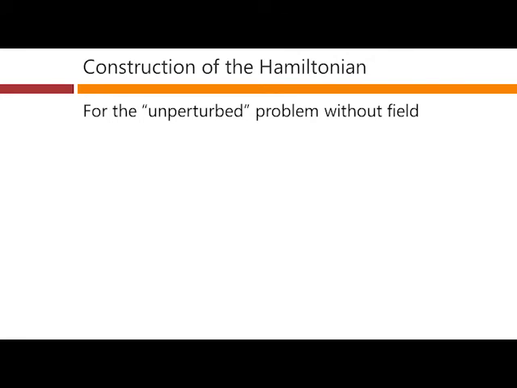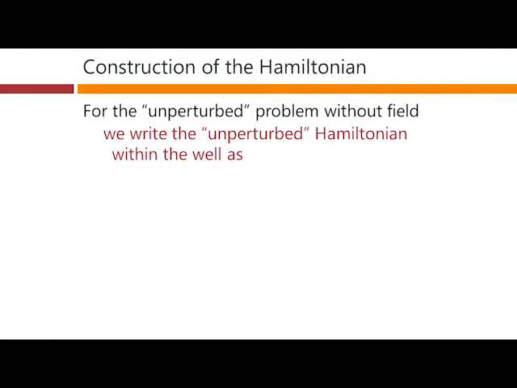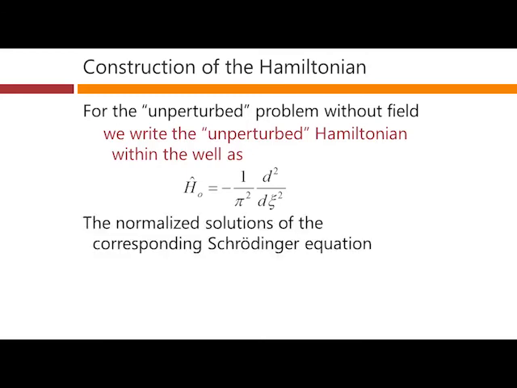For the unperturbed problem, that is the one before we apply the field to it, we can write this so-called unperturbed Hamiltonian within the well then as the usual simple Hamiltonian with a potential of 0. There's no potential energy out here. We've chosen it to be 0 in the unperturbed situation when we're within the well.